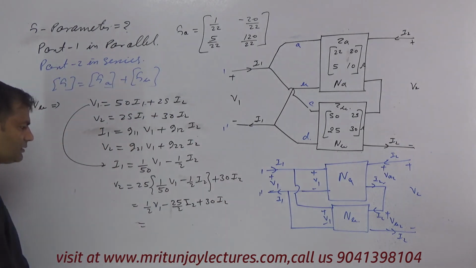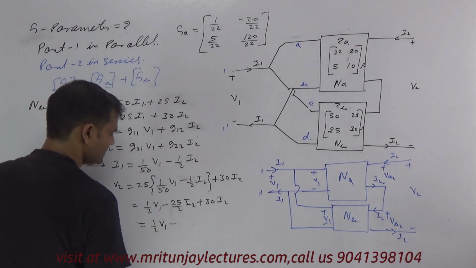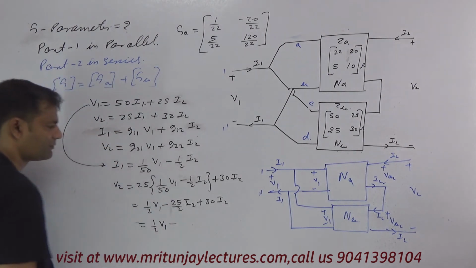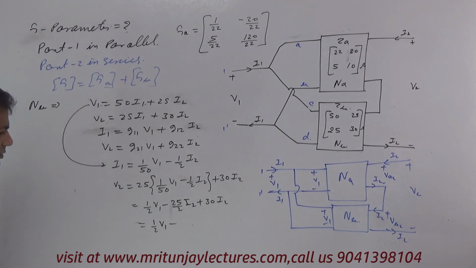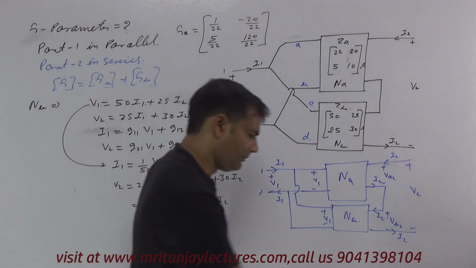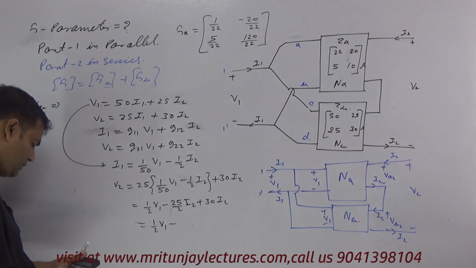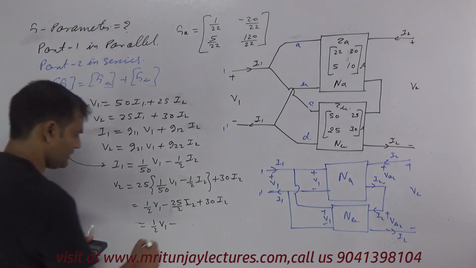So finally 1 by 2 V1 minus 12.5, 30 minus 12.5, that is 17.5.